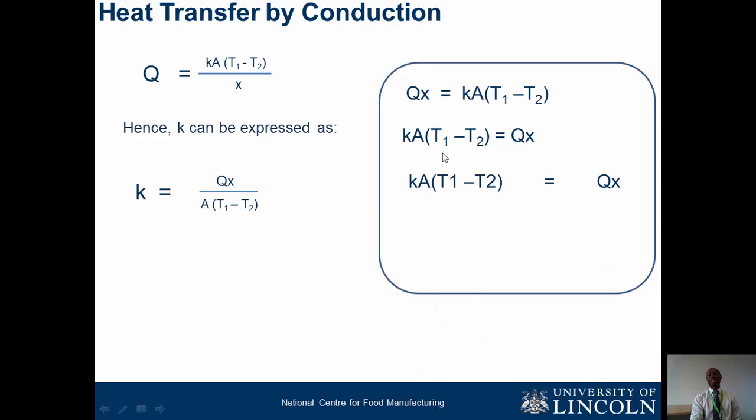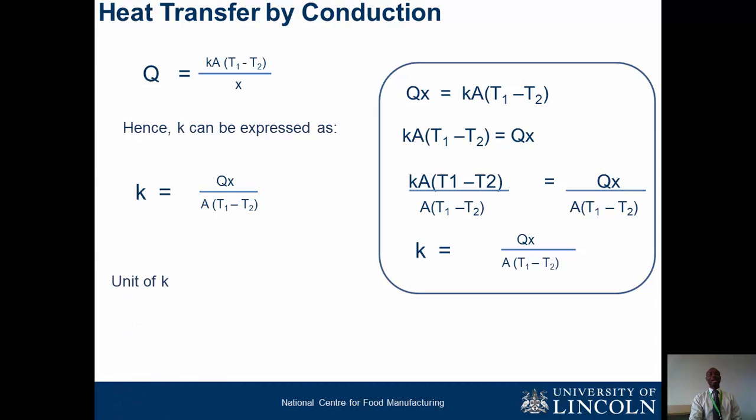When we divide both sides by that, A (T1 minus T2) will cancel, so we now have our K to be Qx divided by A change in temperature. So we can also find the unit of K.